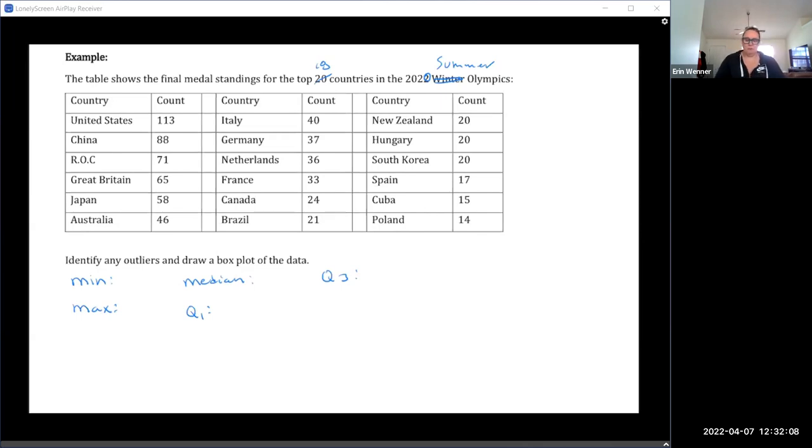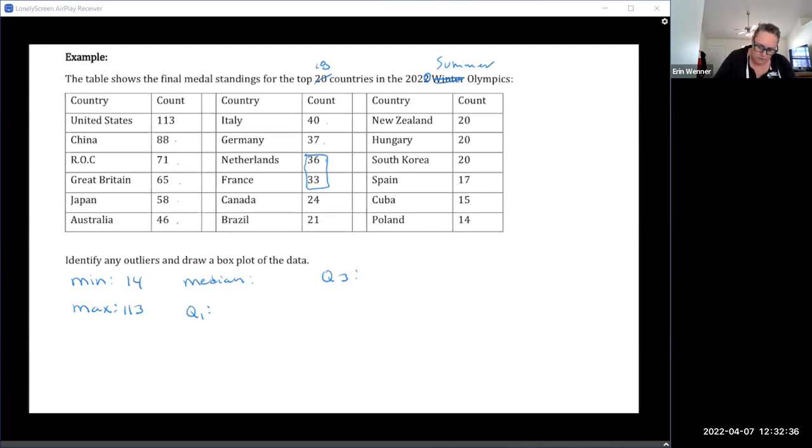Okay, so our minimum amount is 14 and our max is 113, right? Those we're pretty comfortable with. Now we have 18 values, so we have an even number of values, so we're going to have to find the middle. If I go 1, 2, 3, 4, 5, 6, 7, 8, 9, we're looking for the middle between 36 and 33.